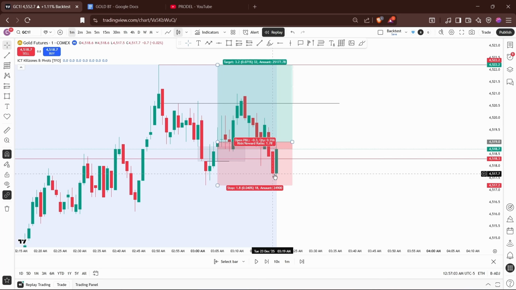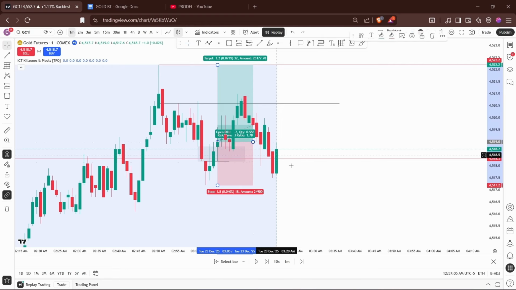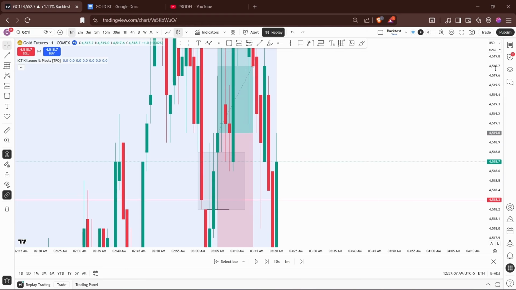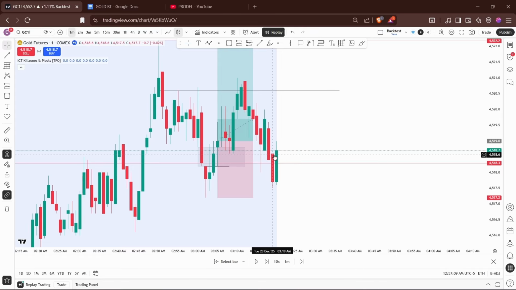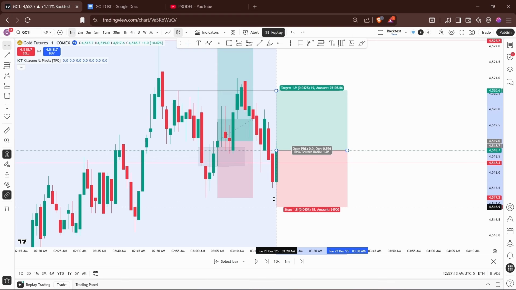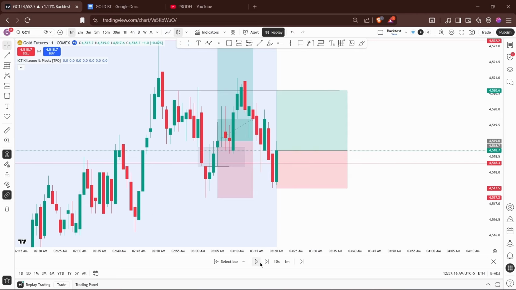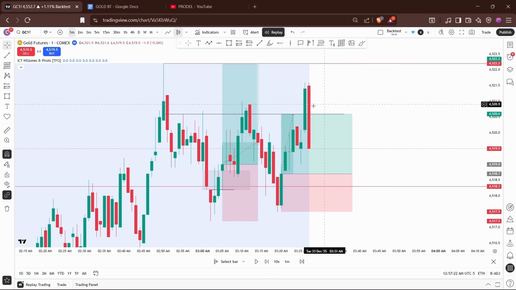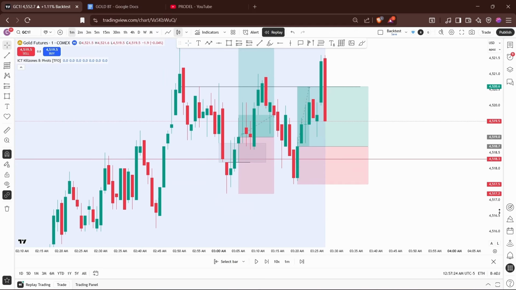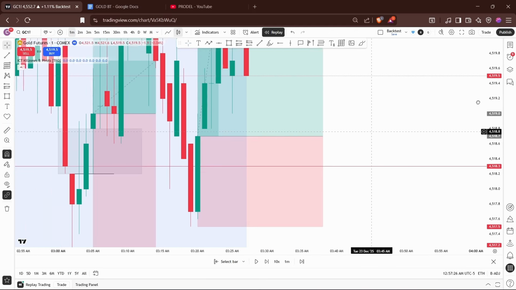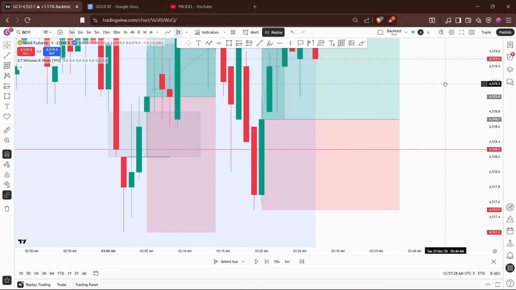It closed below the PUI, and then it closed above the PUI, and also it's forming the inverse FVG here. So our entry will be at this level. Here we can see, I will give you a closer look.